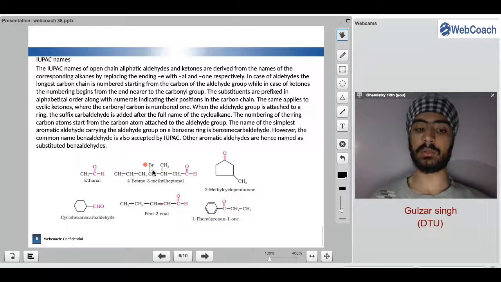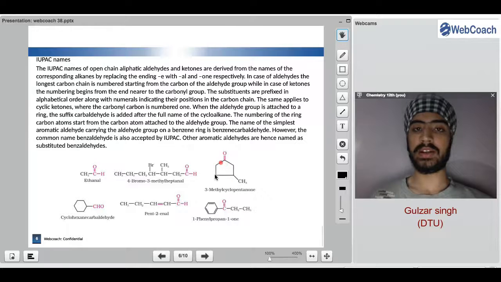So bromo comes before methyl according to the alphabetical order. So 4-bromo-3-methylheptanal. We can actually number the aldehydic group as heptane-1-al, but heptanal can also be written according to IUPAC nomenclature.